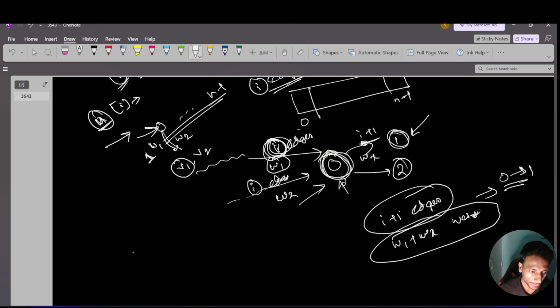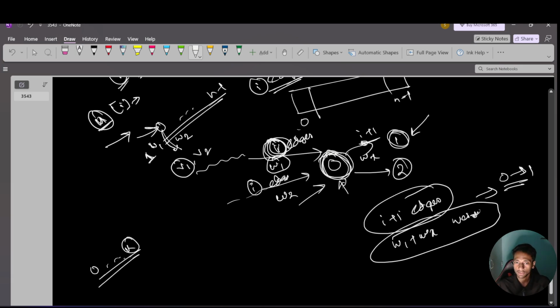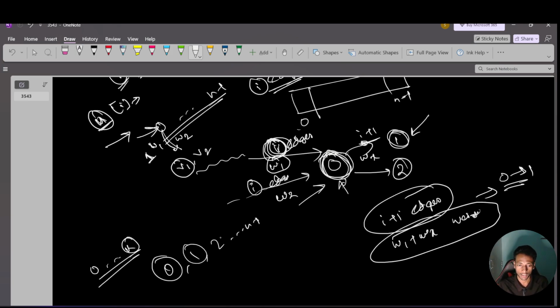So in this way, after exploring from 0 up to k edges, I have all the weights with which I can reach 0, 1, 2, all the nodes. This is the final node I can reach here.